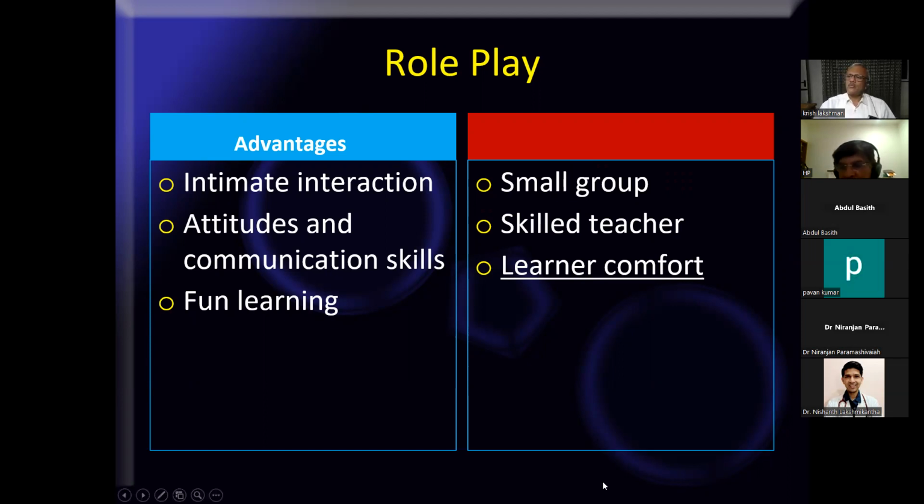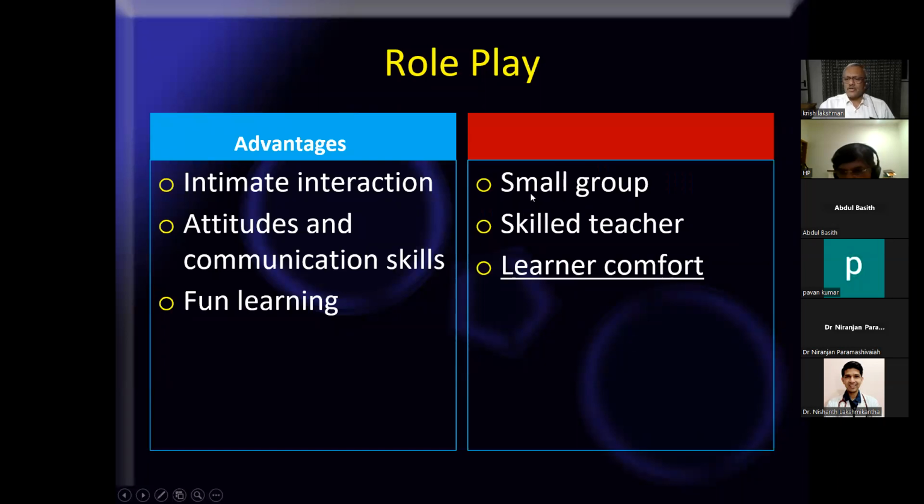So generally role plays are quite useful. What is important is that the teacher must put people at comfort. We know that we're all play acting, for example, and some people are uncomfortable with it, but you must learn to get comfortable.